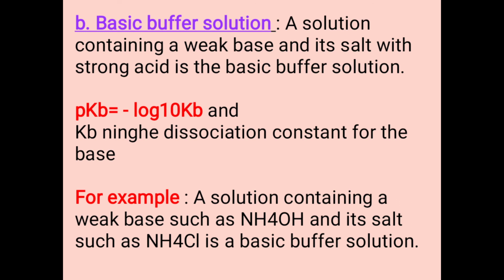NH4OH is ammonium hydroxide, a weak base, and its salt such as NH4Cl makes the basic buffer solution. In NH4OH solution we can add the strong acid, that is HCl, to form its salt.